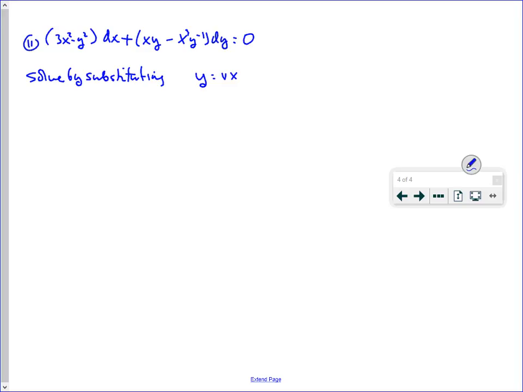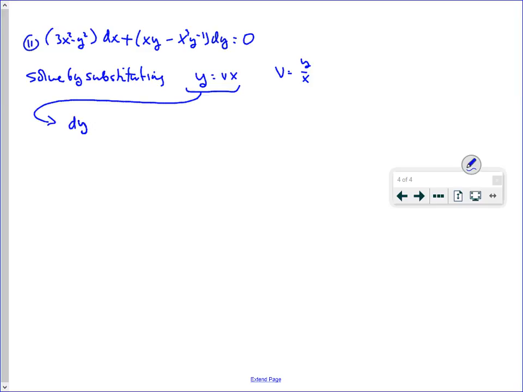And in the process of doing that, we're going to get an equation that's got v's and x's instead of x's and y's. So this is our substitution here. Every place there's a y, we're going to put a vx in there.